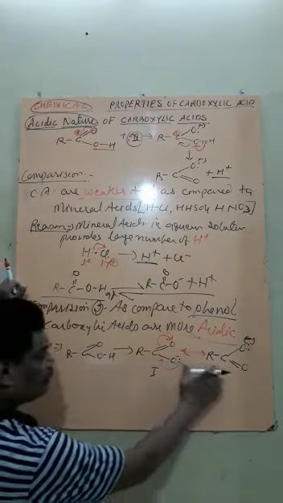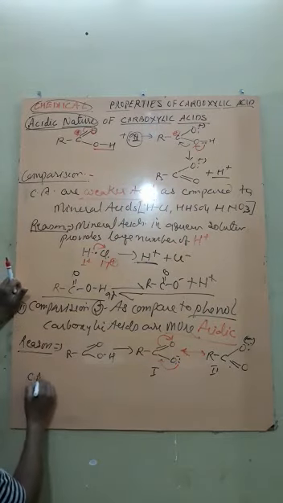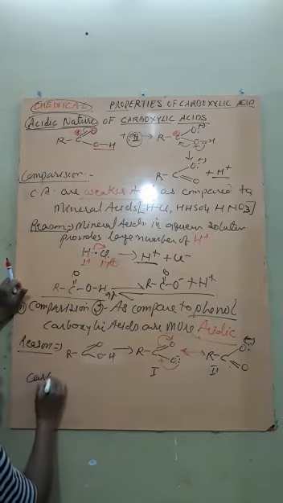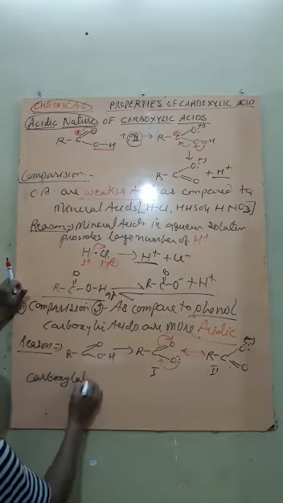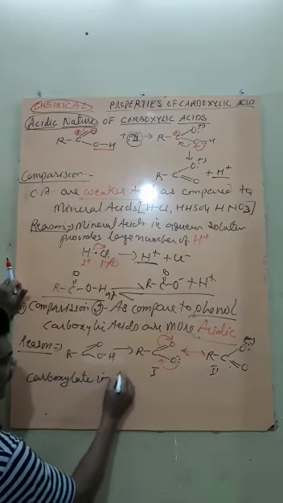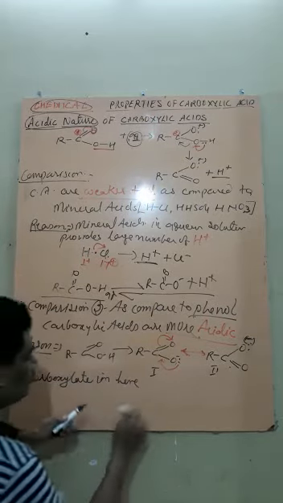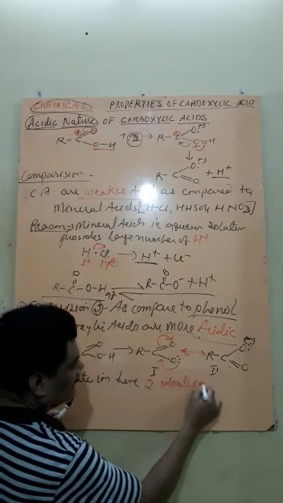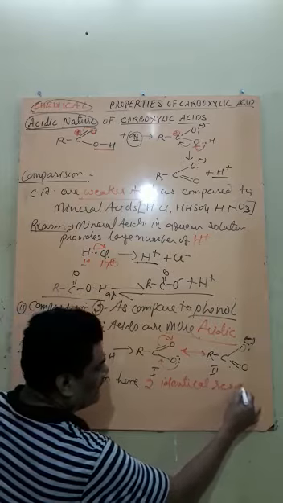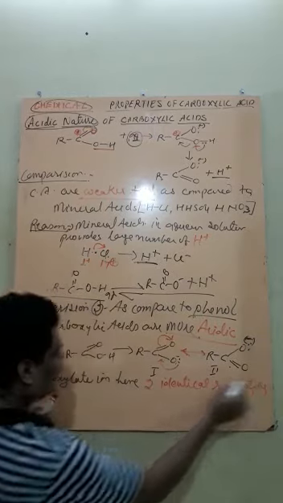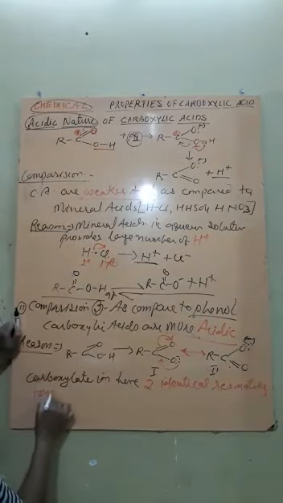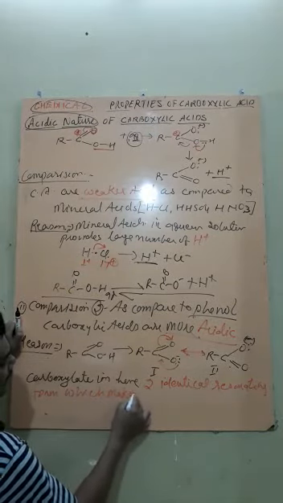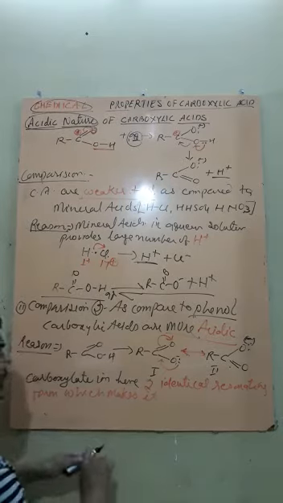Now, this is resonance 1 and resonance 2. That is, it has two canonical forms. Carboxylate ion has two identical resonating forms, which makes it more stable.